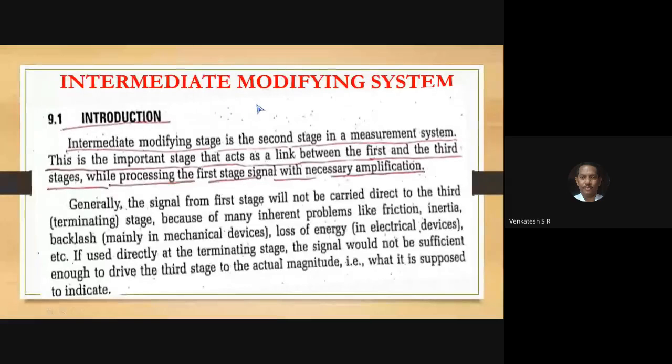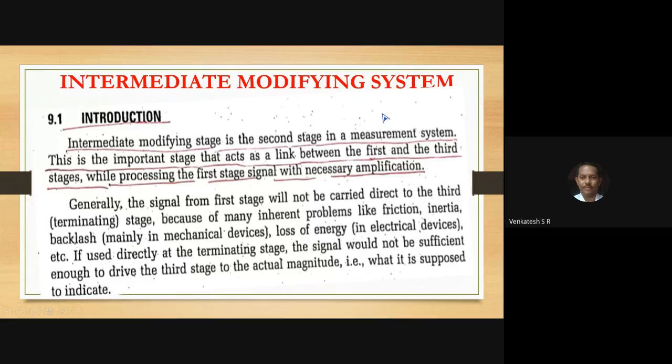That analogous signal is converted into a voltage signal, and again that will be converted into digital signal or digital form. This is very, very important for measurement, that is, the intermediate modifying system.